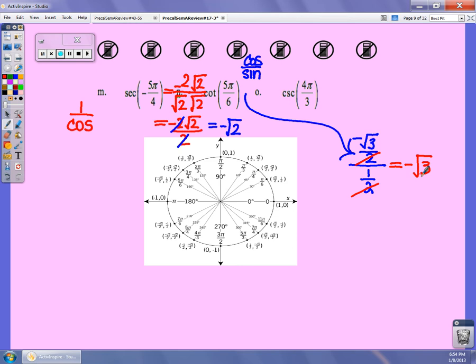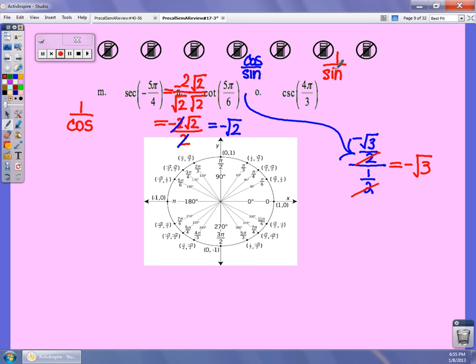Moving on to O, we're looking at cosecant. Remember, cosecant is the reciprocal of the sine function. So we're going to be looking at the y value and taking its reciprocal. Now we're going to 4 pi over 3 on the circle, which is first 3 pi over 3, then 4 pi over 3. That gets us to 240 degrees.